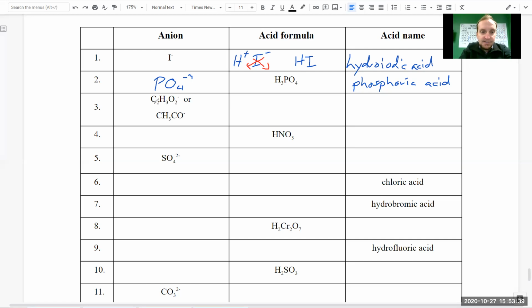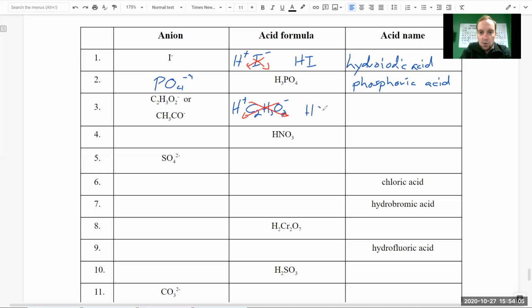All right, the next one we have is C2H3O2 with -1 charge, or also CH3COO negative. Those are the exact same thing. Those are acetate. So if I was to make this into an acid, H is a +1, C2H3O2 is a -1. Again, if I do the crisscross or swap and drop, move those ones down there, they cancel out because they're both ones.